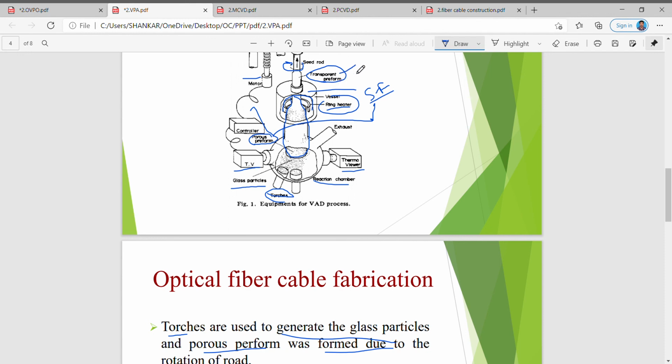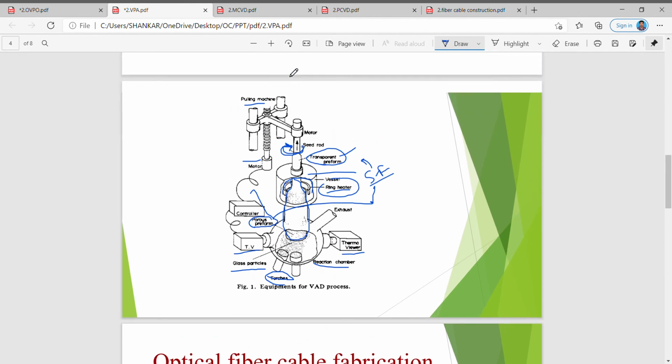In order to convert the solid fiber into the transparent glass fiber, we are using the seed rod that will be rotated in the clockwise direction. That direction and the rotation speed will be controlled by using the pulling machine and motor here.